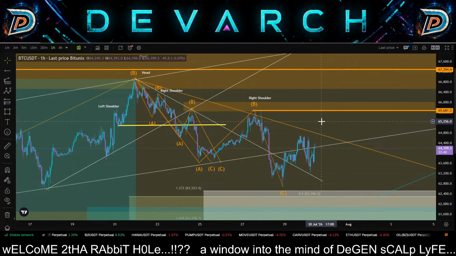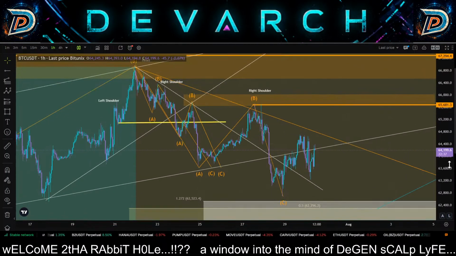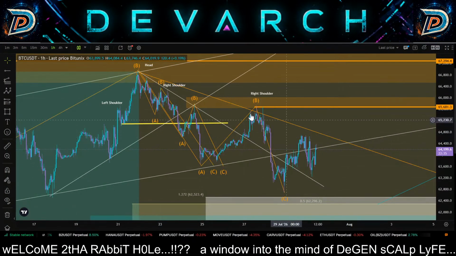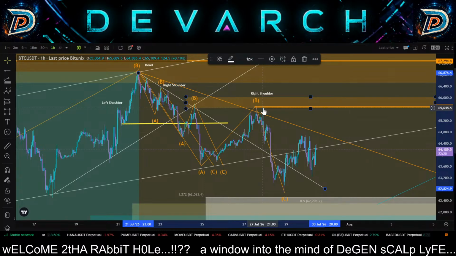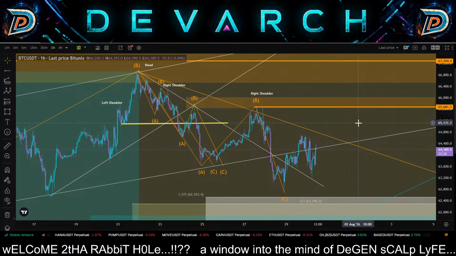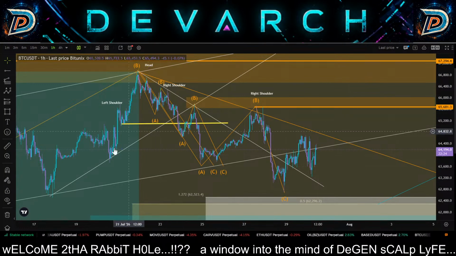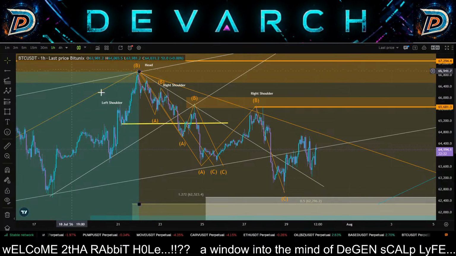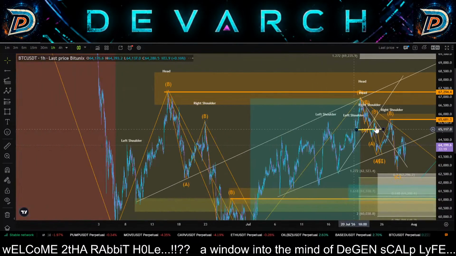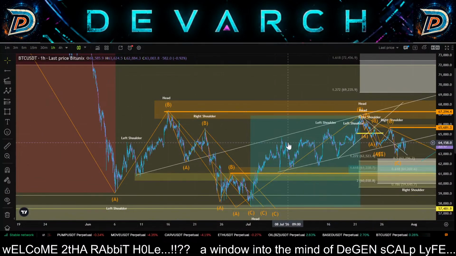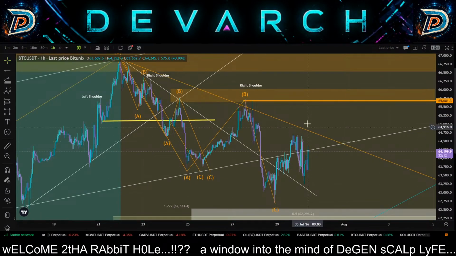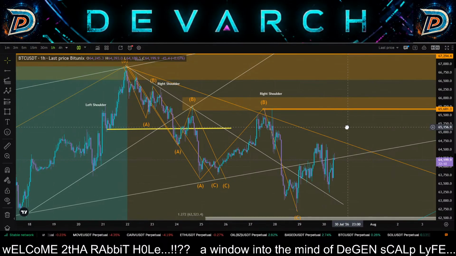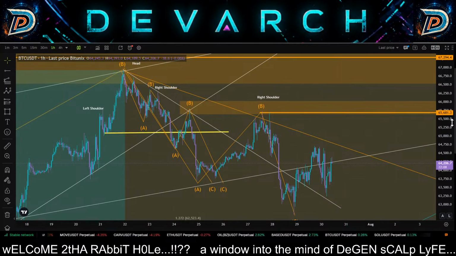So on the more granular waves, we're in a corrective structure. So this is where it could get slightly confusing, because remember the 1 hour, the 4 hour is in an impulse. The 4 hour we see with this blue shaded square that we're in an impulse with the blue, right? But the wave 2, again, a wave 2 of an impulse wave is a corrective wave.